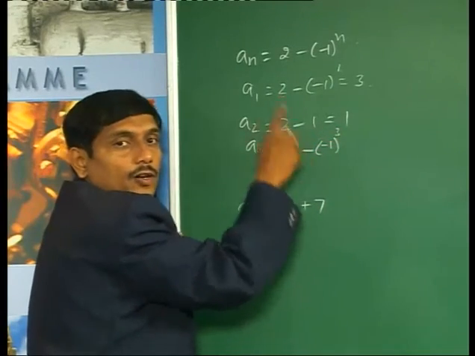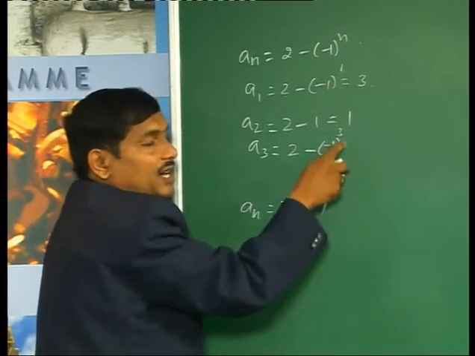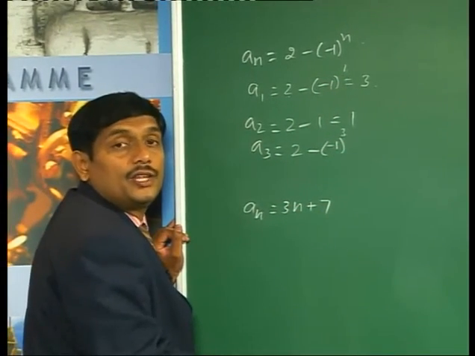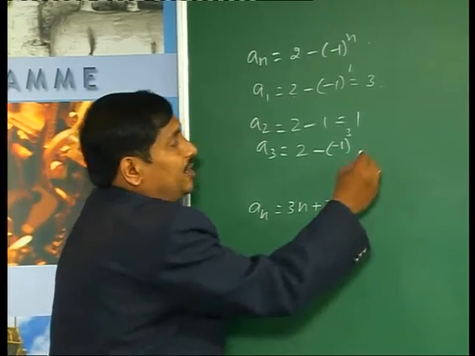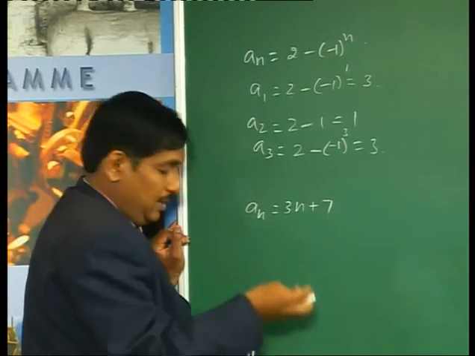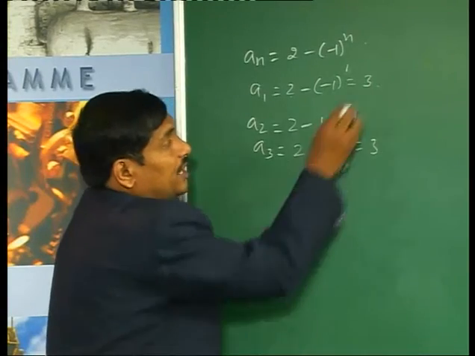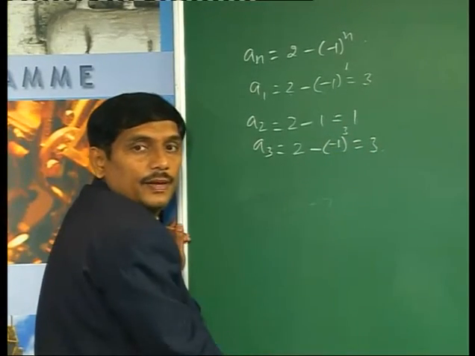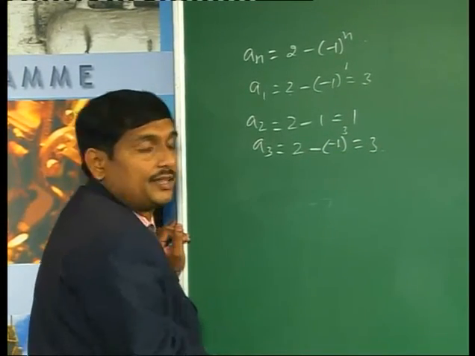Similarly here a3 equals 2 minus (−1) to the power of 3. Again here there are even and odd terms: if n is 1, 3, 5, 7 etc., you get the minus sign, so you get 3. Otherwise you get 1. So 3 and 1, 3 and 1 will be recurring.